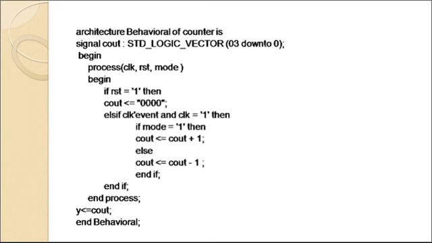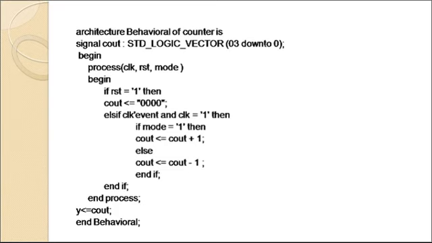Else if, means if reset is not there, else if clock tick event and clock is equal to 1. I already explained clock tick event and clock is equal to 1 represents the rising edge of clock. Means whenever there is a rising edge of clock, then you have to check the mode.